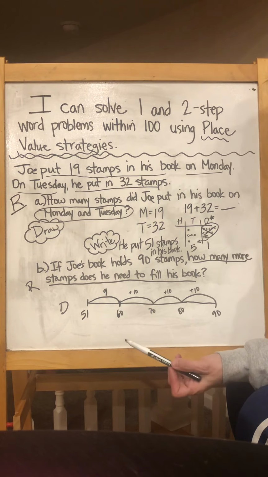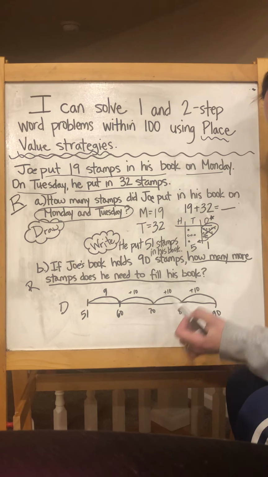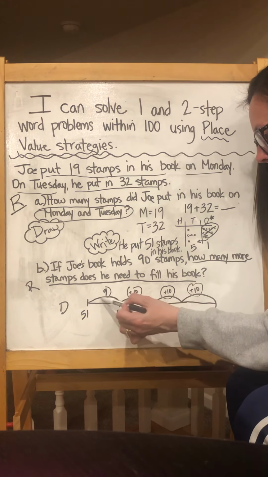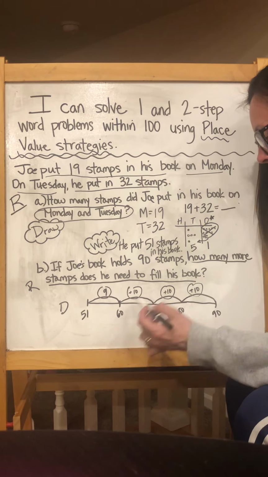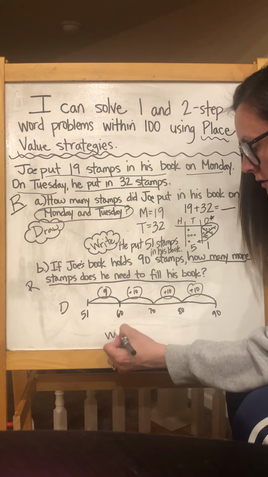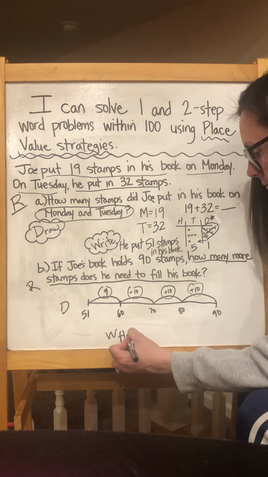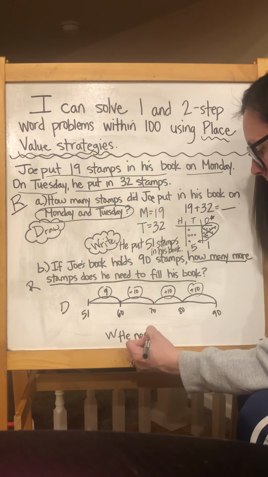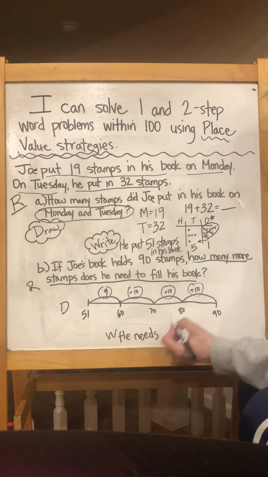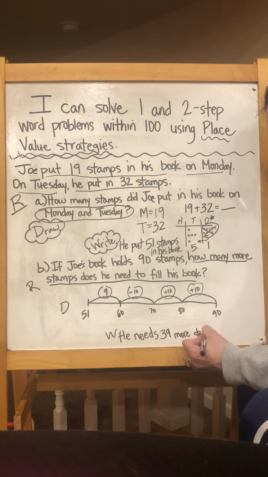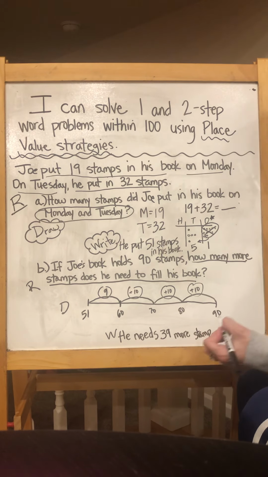Now, how many did I add to 51 to get to 90? 10, 20, 30, 39. So I can write that he needs 39 more stamps to fill his book.